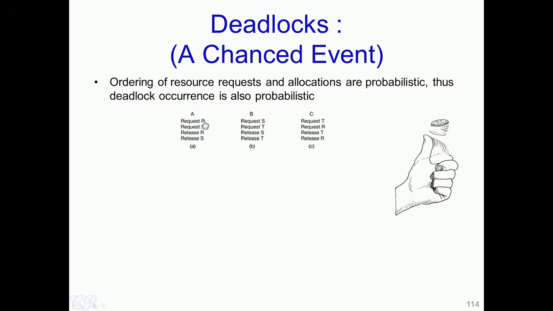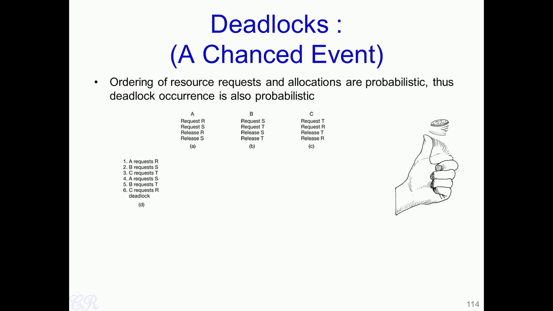Obviously, a release can be made by a process only after the request is made. These requests and release of resources are given to the operating system at various time instances, depending on how A, B and C get scheduled and how they are executed.